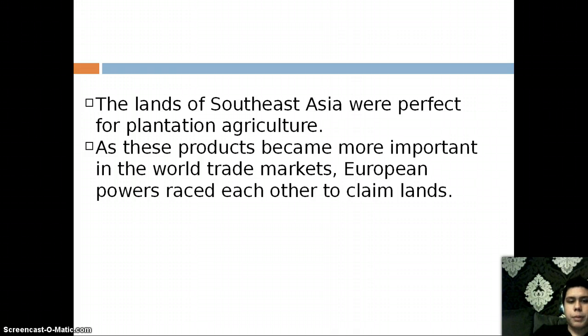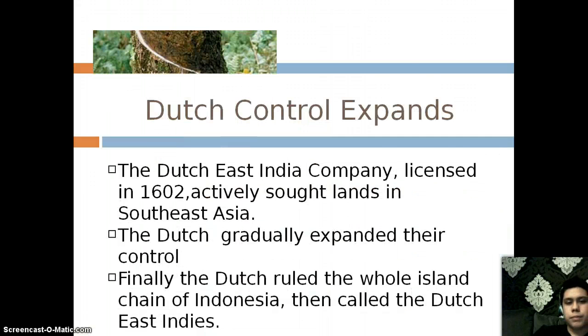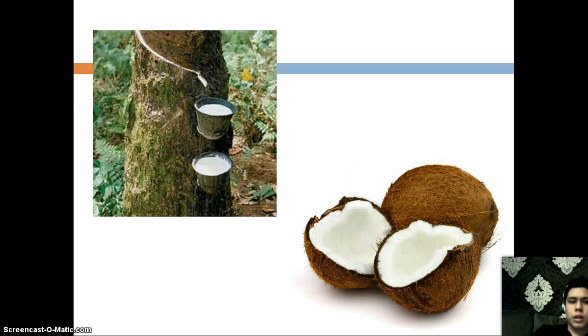So European powers raced each other to claim land. And this is their plantation, coconut. As you can see, the coconut juice, the white thing.